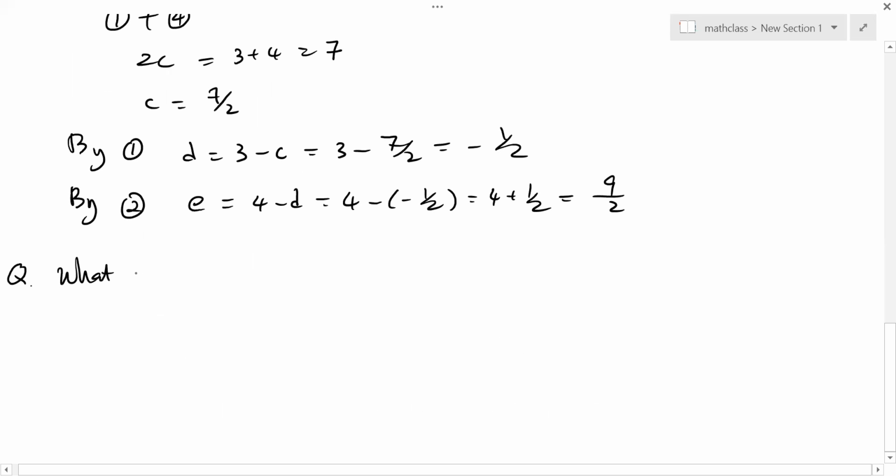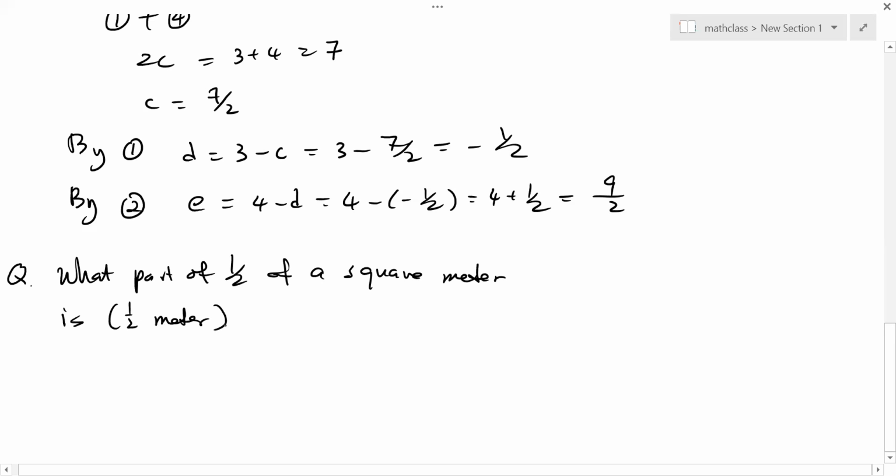Okay, what part of 1/2 of a square meter is half meter, 1/2 meter squared. Okay. Okay, let's understand this question. 1/2 of a square meter is half meter squared.